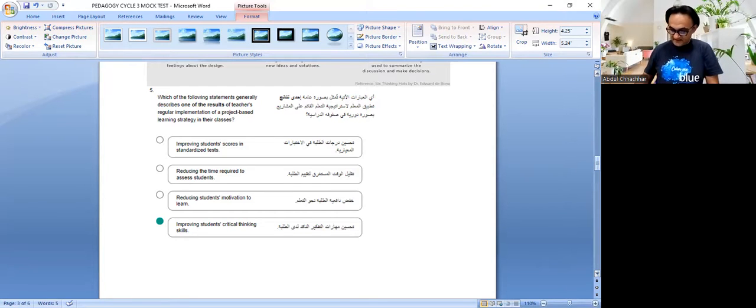It helps to deepen content knowledge and critical thinking skills. So, improving students' critical thinking skills. It's not about the standardized test. These two are about reducing something, so they are completely wrong. However, number one has been used as a distractor.